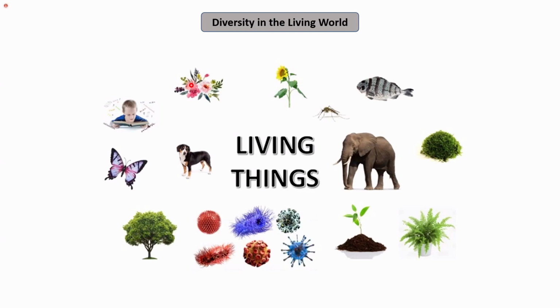For example, there might be fish, birds, plants, animals, different microbes, and reptiles. So basically, there is a huge diversity of the living world in our surroundings. These are a few examples of living things: human, dog, cat, animals, elephants, fish, plants, butterflies, etc.